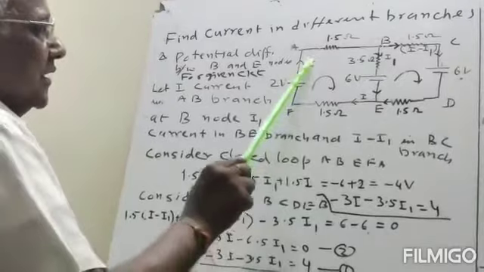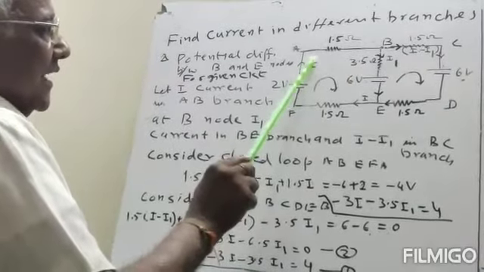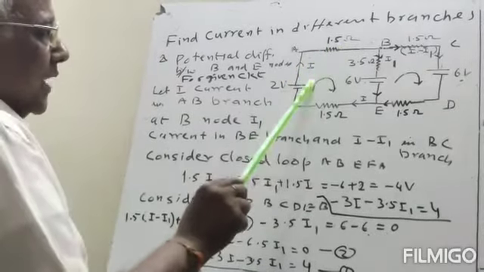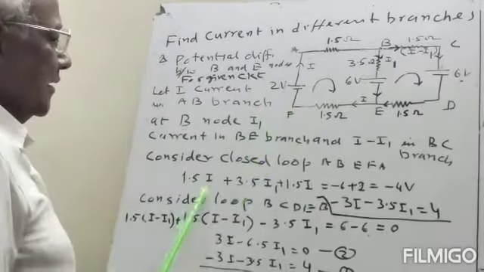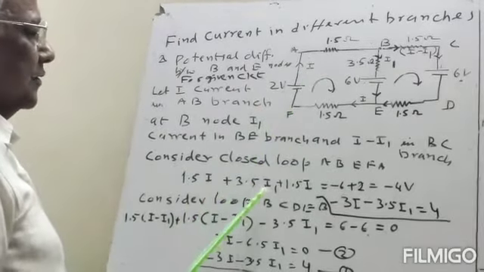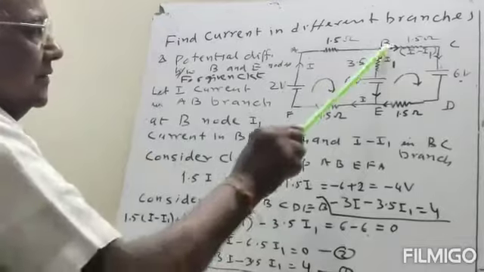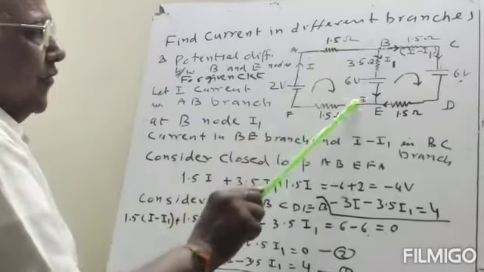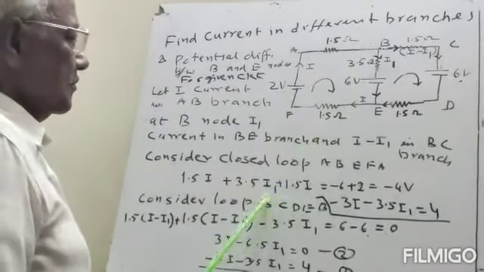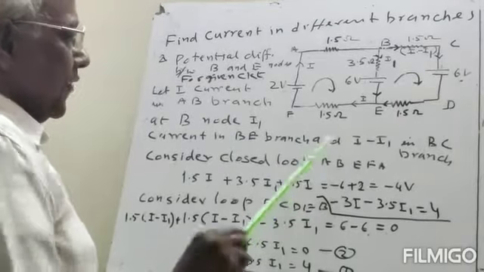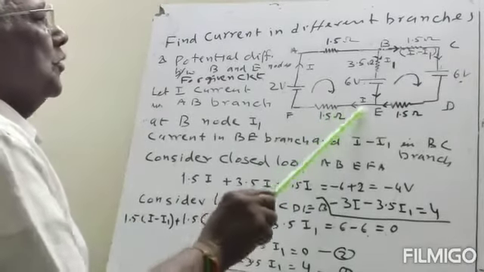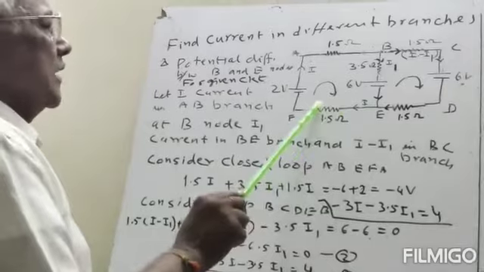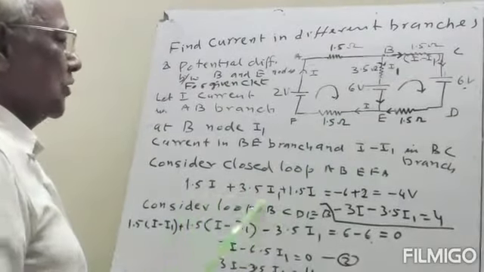So we start from point A, then 1.5 multiplied by I current, then 3.5 multiplied by I1 because the direction is the same as the loop, plus 1.5 into I. This is also the same direction, so all are positive.